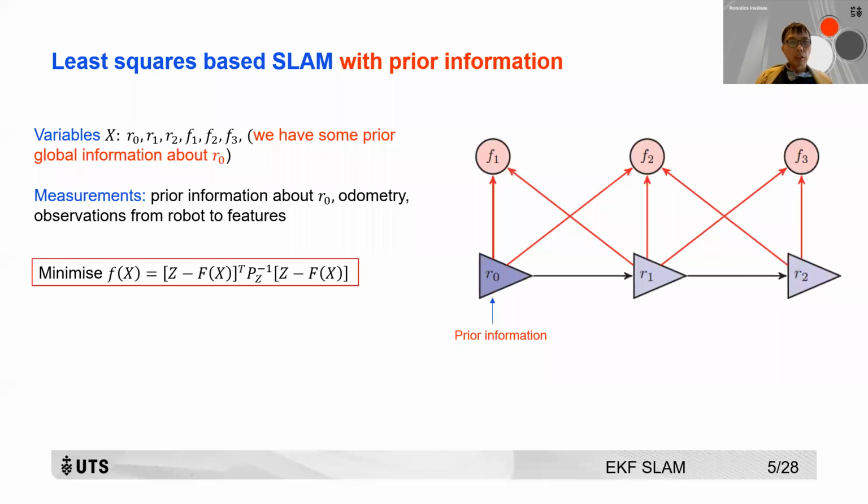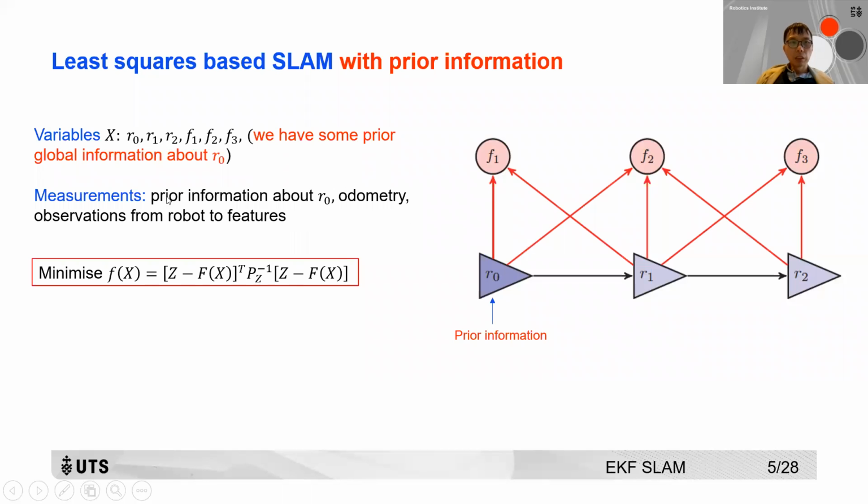So let's look at another case. For example, when we have some prior information about R0. So R0 is no longer the origin, but we have some prior information about its global position and orientation. In this case, how can we formulate this least square problem? We have to include R0 in the variables. So the variables will be R0, R1, R2, and all the features.